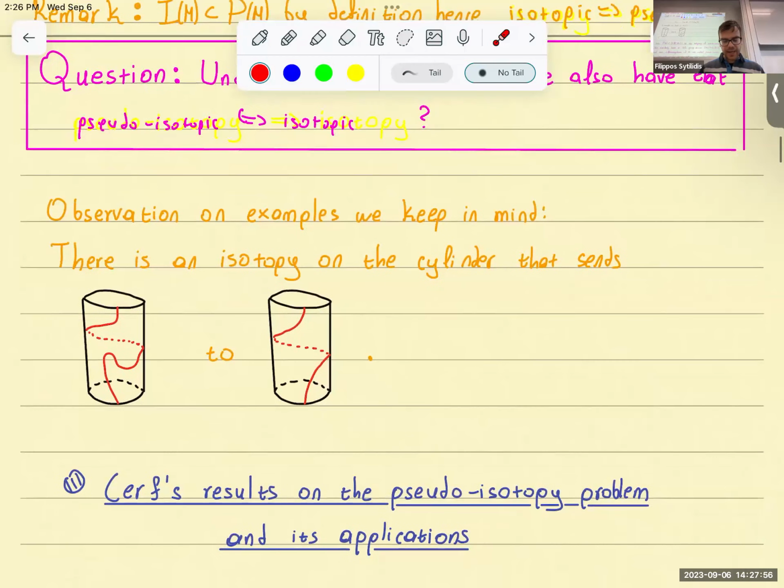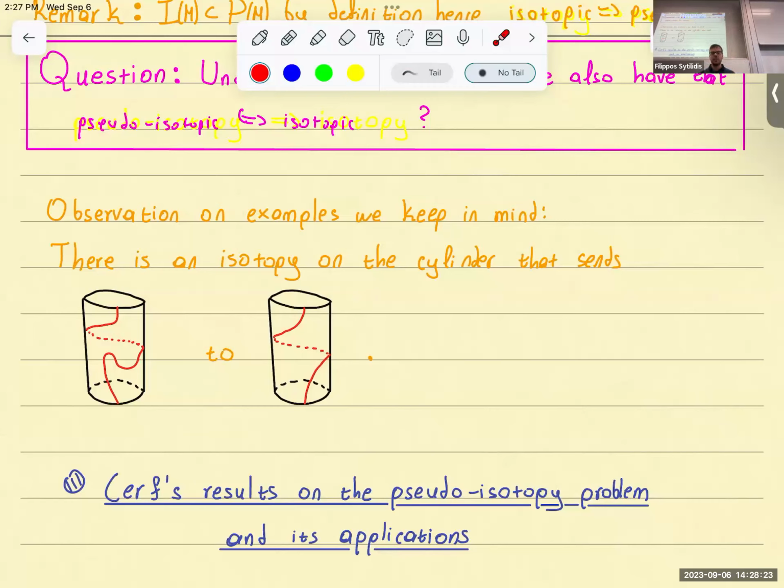And again, I always want to have a picture in mind, and the pictures that I have shown you so far are this picture representing a pseudo-isotopy and this picture representing an isotopy. All I wanted to note is that if you look at this red curve, there is an isotopy of the cylinder that sends this red curve to this red curve.